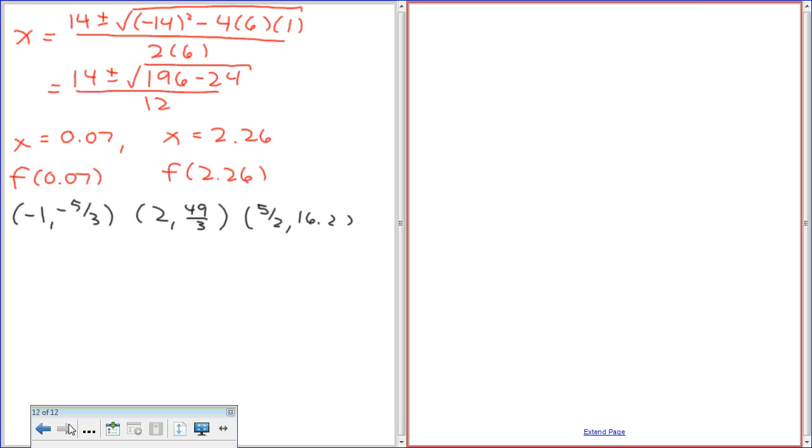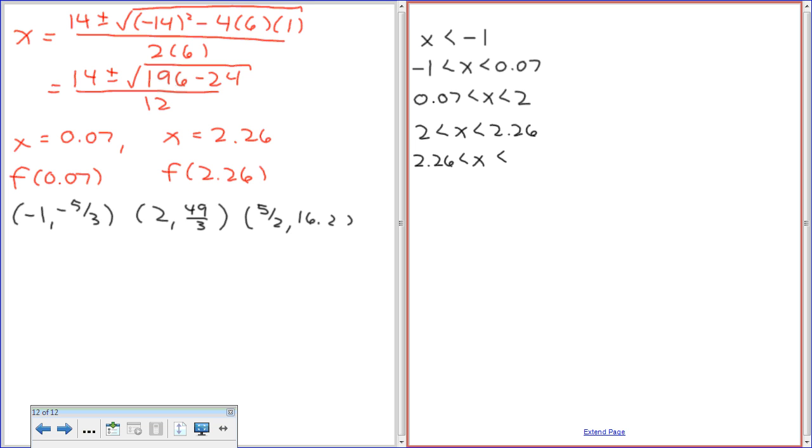All right, here we go. I'm going to do this the other way this time. Just for the sake of space, I'm going to write this one vertically instead of horizontally.